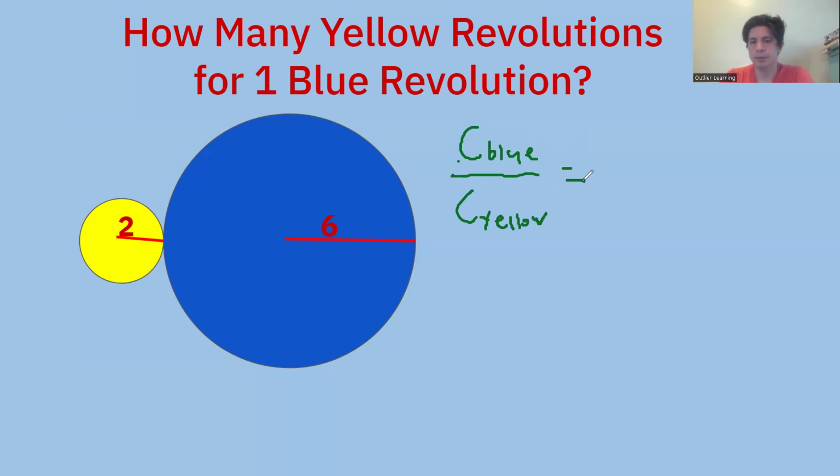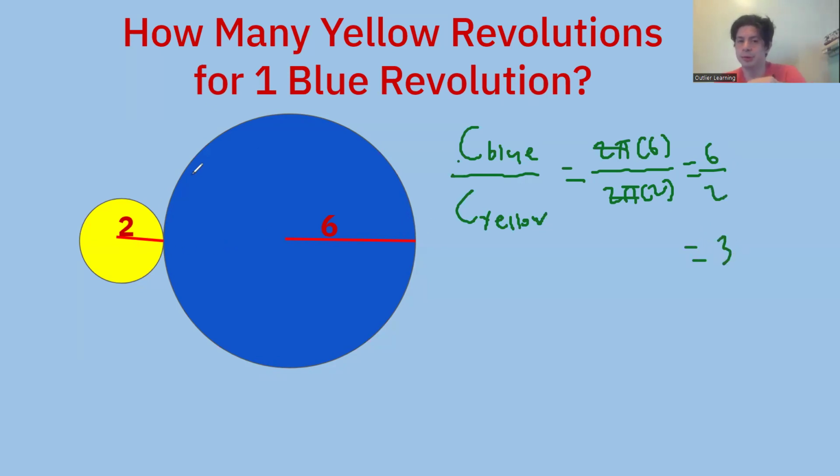And that's going to be 2 pi times 6 over 2 pi times 2. And then see, you don't even have to multiply because these cancel out. You get 6 over 2. And that gets you 3. So it's going to take 3 revolutions of the yellow one to go around the blue one.